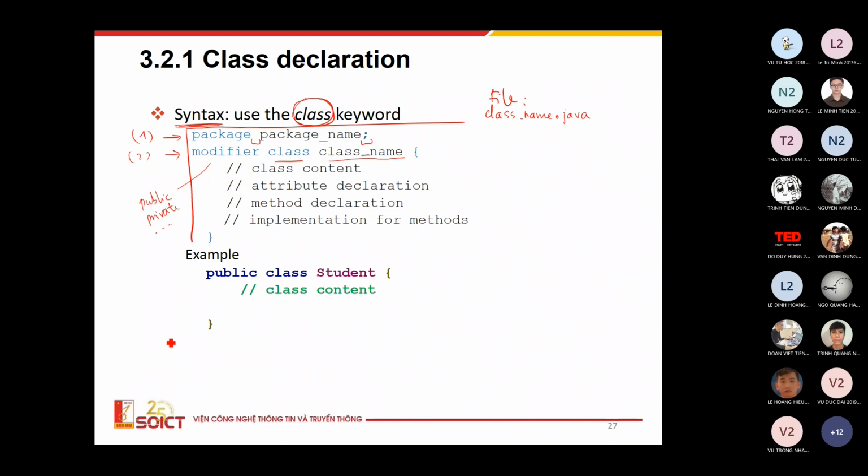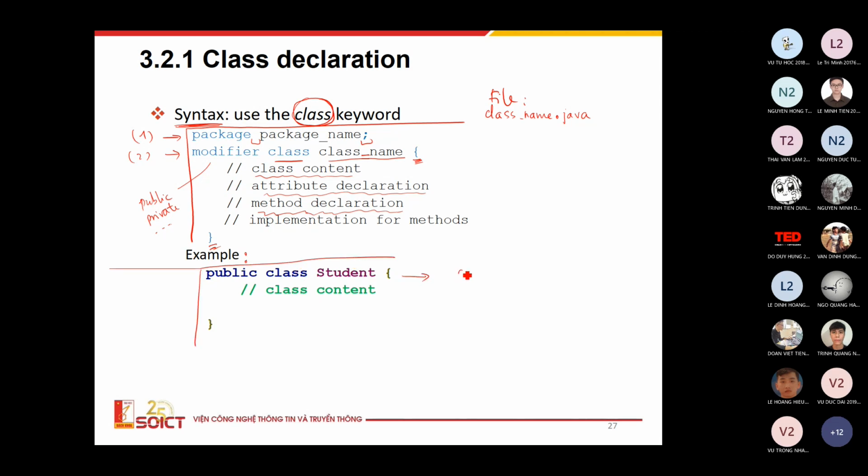Okay. And then you have this block of code. Inside this block of code will be the class content. You will have the attribute declaration here, and you will have the method declaration here. In this example, you have this declaration.